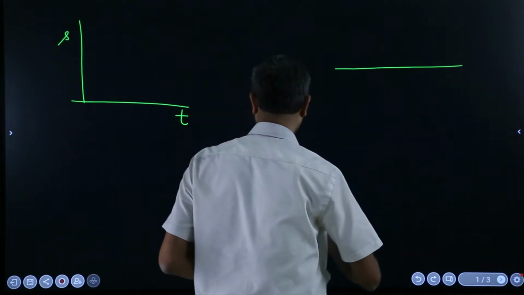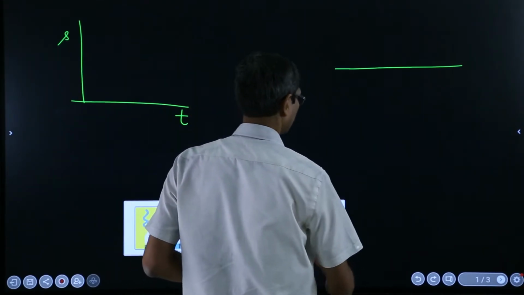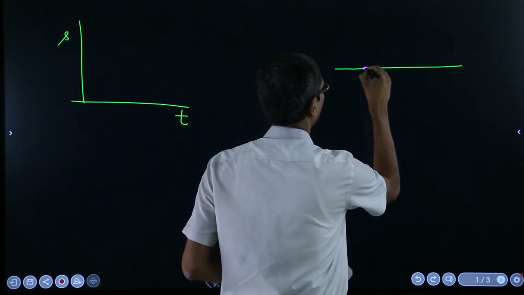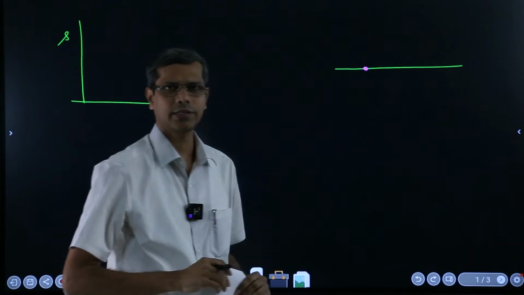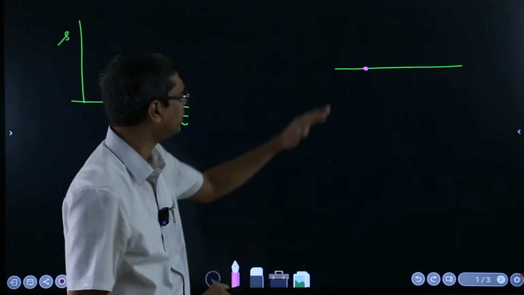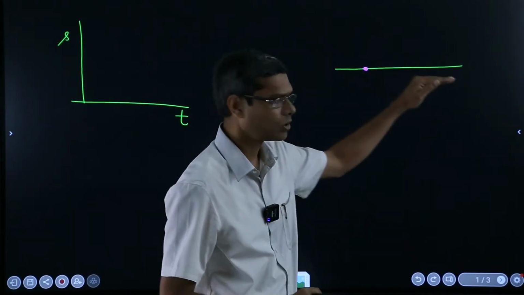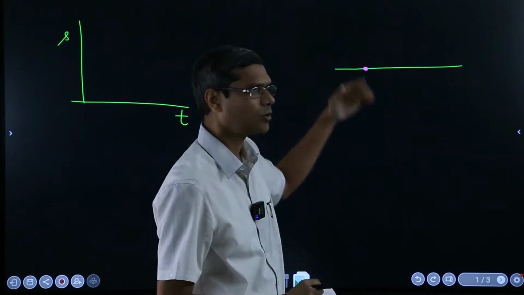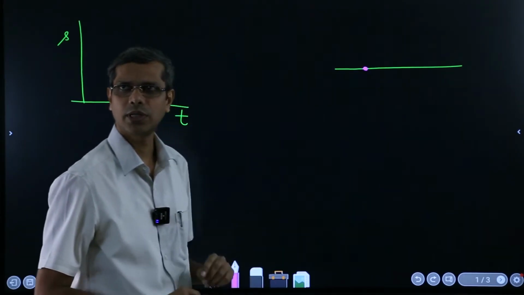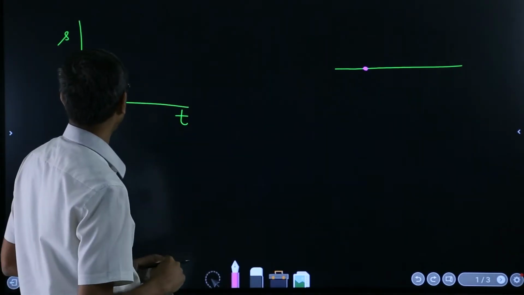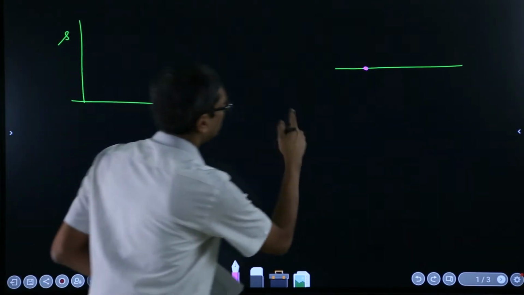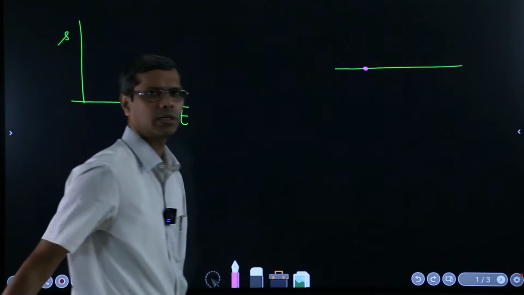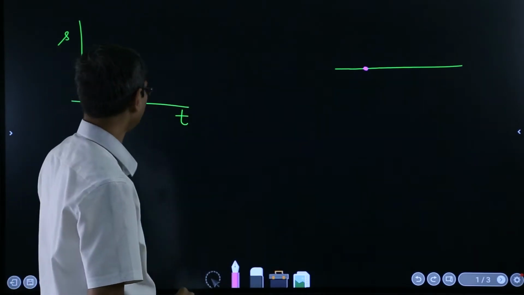There is a line and the particle is moving on that. It is free to move either way, but it cannot move away from that line. And s is the position coordinate on that particular line.